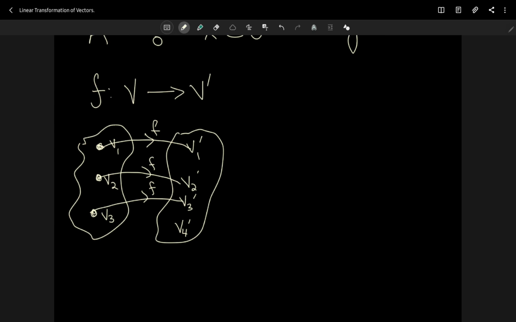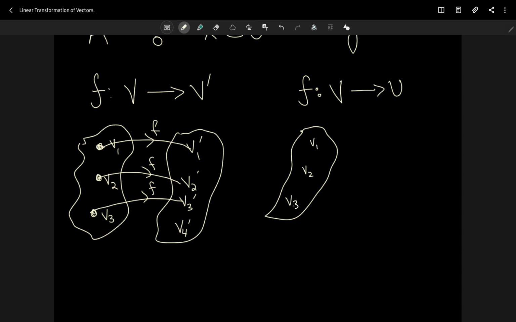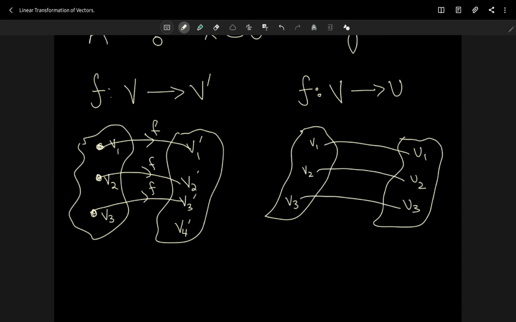We could also consider this one where f takes V to some U, where here we have V1, V2, and V3, and in this U, we have U1, U2, U3. And so V1 maps to U1, V2 maps to U2, V3 maps to U3, with this f.